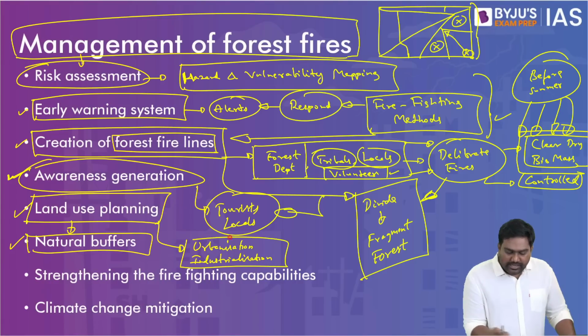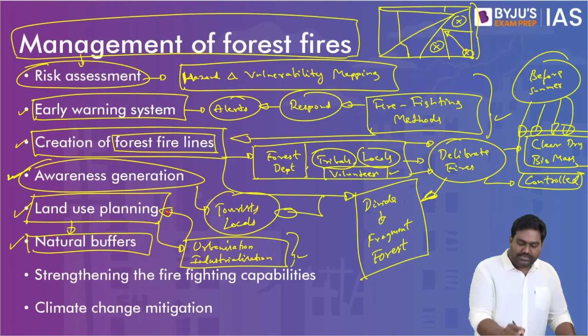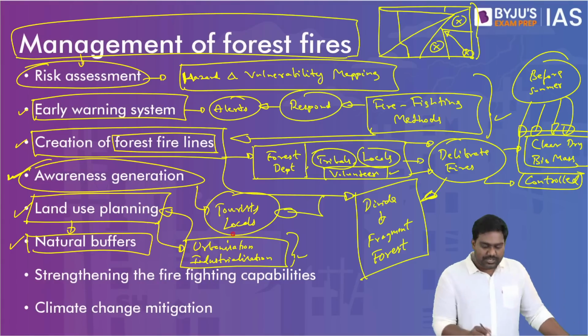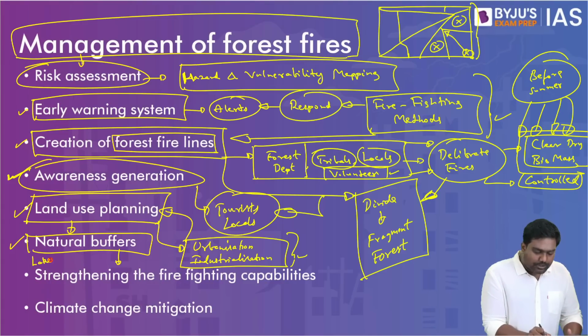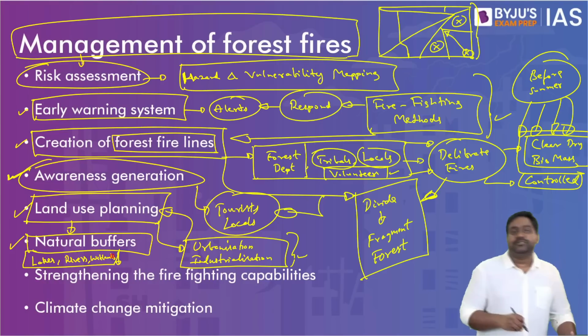By regulating urban activities, industrial activities, and the expansion of these urban areas through land use planning, you can save and protect the forests. Then conserving the natural buffers, protecting the lakes, rivers, and wetlands inside the forest. It acts as a natural firefighting mechanism.